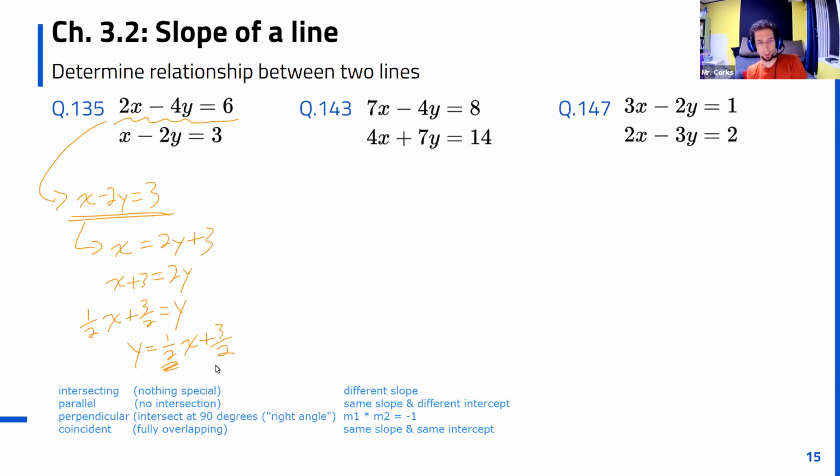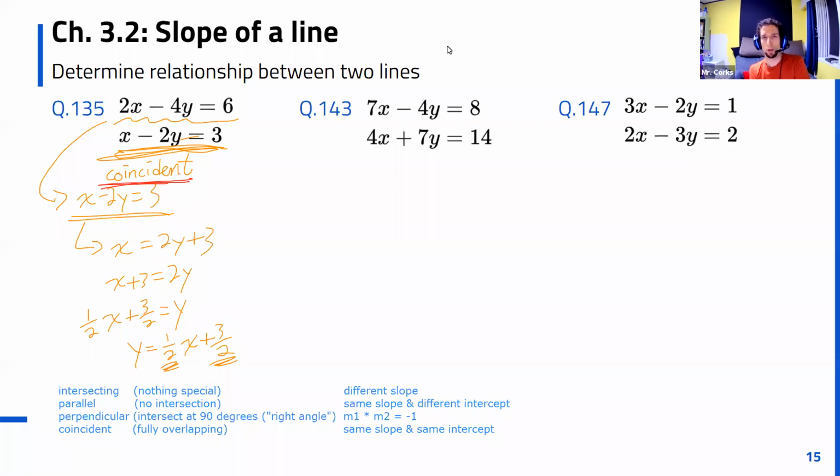So that's the slope, it's 1 over 2. That's the y-intercept, it's 3 over 2. But we could answer this problem without even needing to check that. We know that they are coincident because they have the same equation. So coincident, that's our answer there.